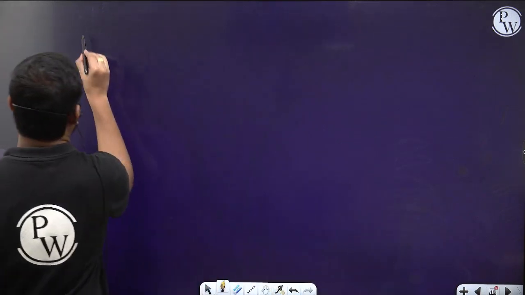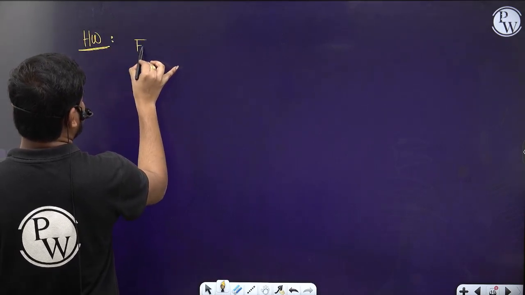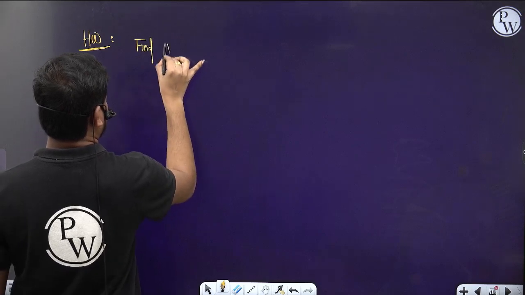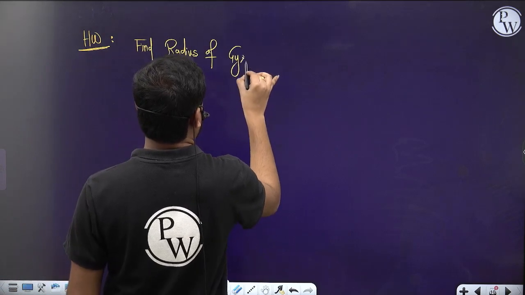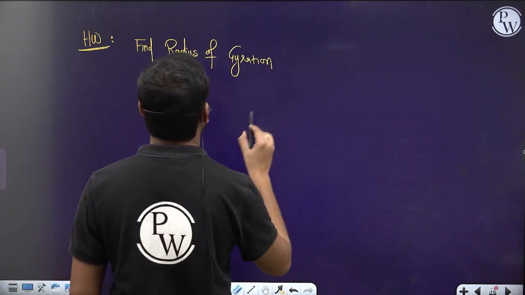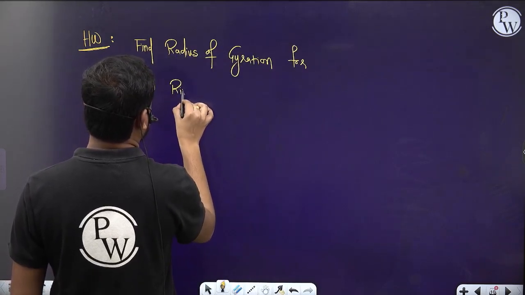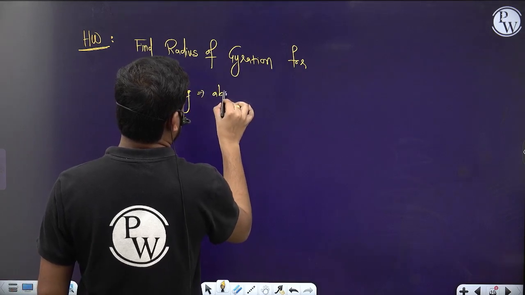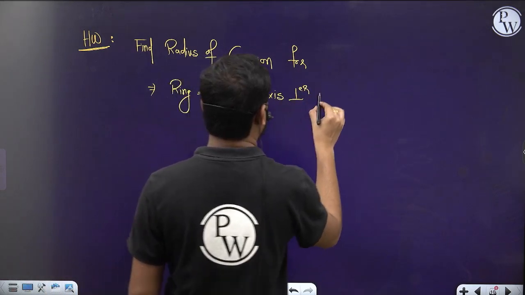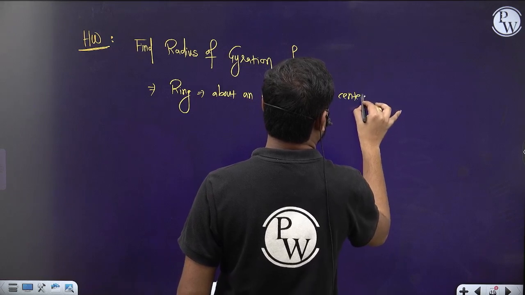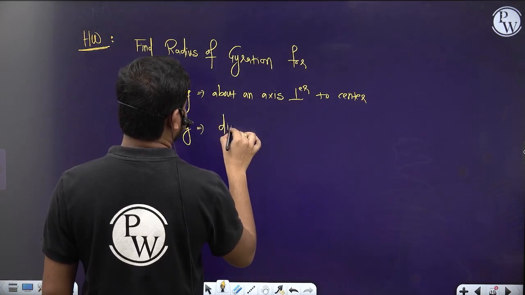Find the radius of gyration for a ring about an axis perpendicular to and passing through the center, and for the ring about the diametrical axis.